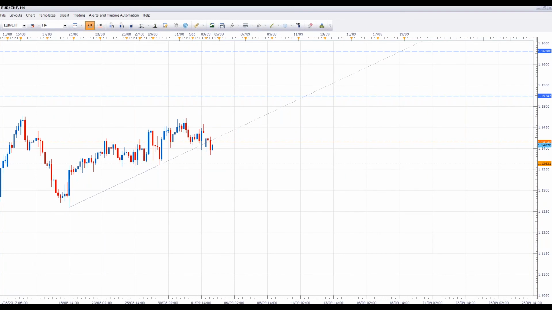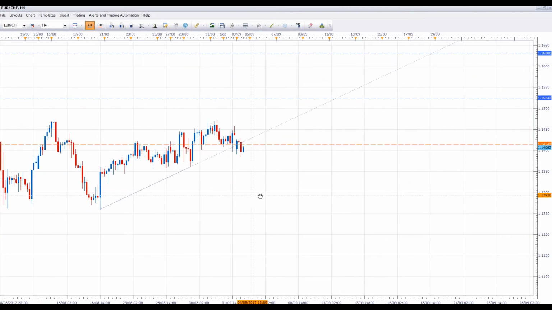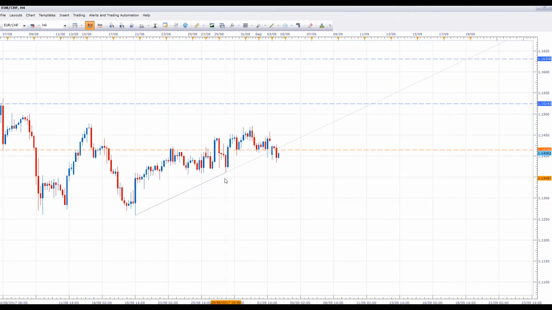Would have been nicer, and certainly this is the kind of thing I would expect, as you can see, the franc becoming a bit of a safe haven off the back of North Korean escalation. Certainly the franc is one that would act as a safe haven, but the Japanese yen doesn't make a ton of sense to me in the circumstances. Now the Euro franc is a good trade.